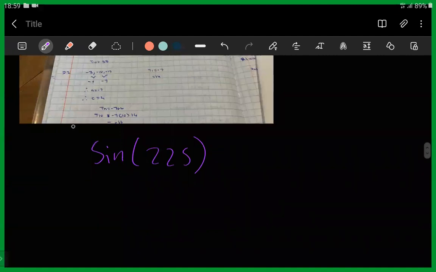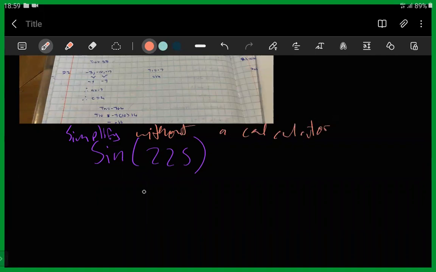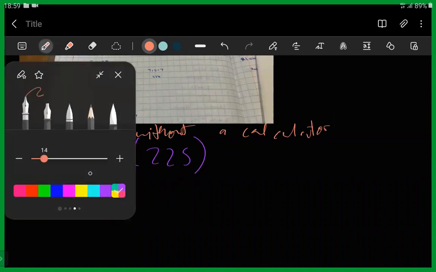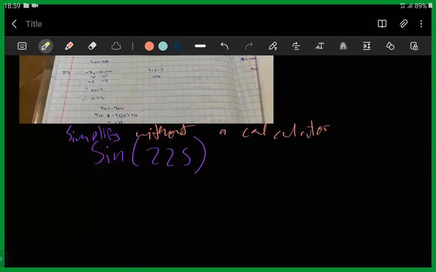So if you had to simplify something like this, you already know that if they say simplify without a calculator, your first weapon is the reduction formula. You would want to break this up into two numbers that you can work with.